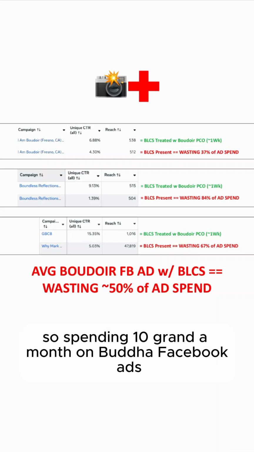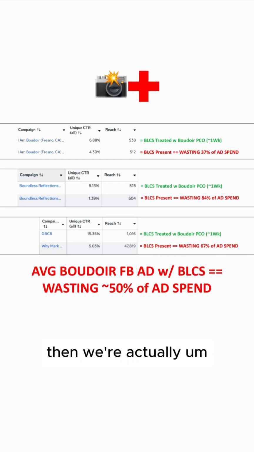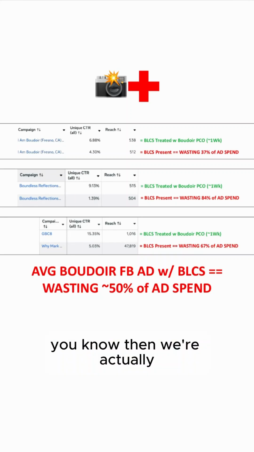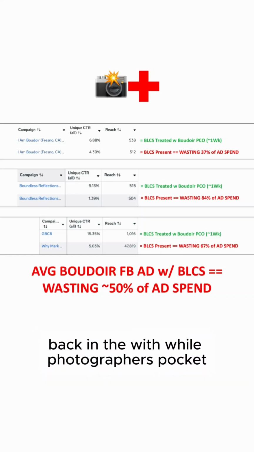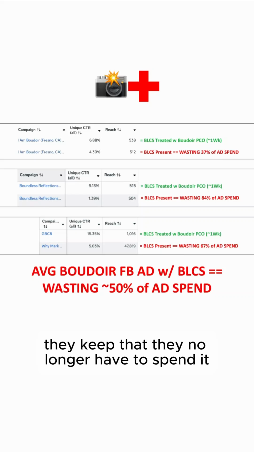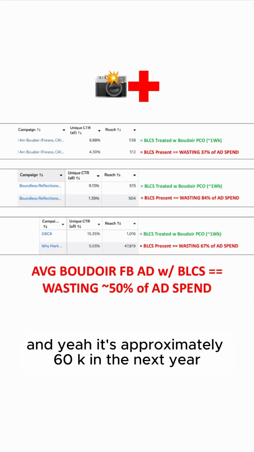So if you're spending 10 grand a month on Boudoir Facebook ads, then we're eliminating approximately 5K every single month back in the Boudoir photographer's pocket. They keep that, they no longer have to spend it. And it's approximately 60K in the next year.